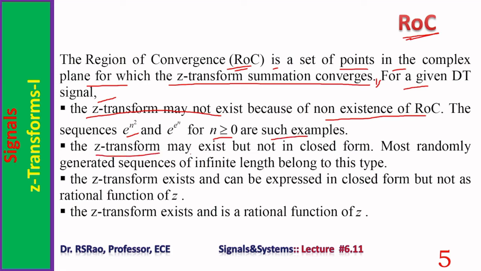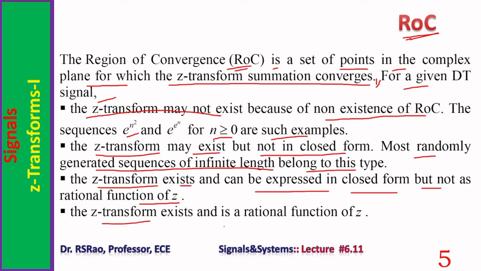The Z transform exists but not in closed form. Most randomly generated sequences of infinite length belong to this type. Another possibility is that the Z transform exists and can be expressed in closed form but not as a rational function of z. Another possibility is that the Z transform exists and is a rational function of z.